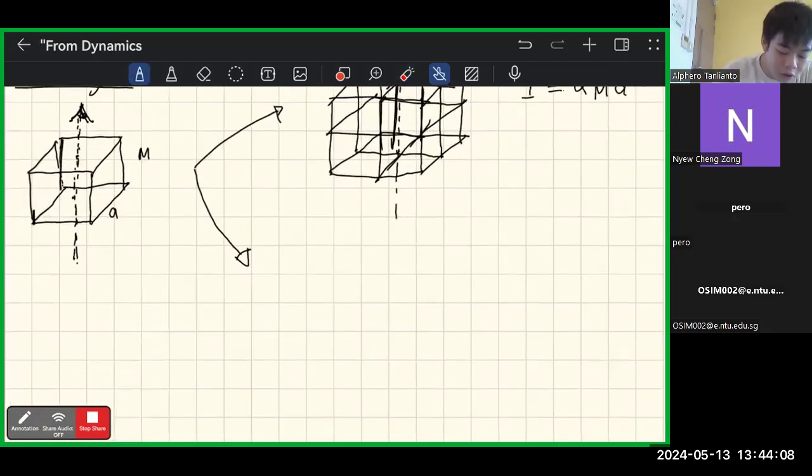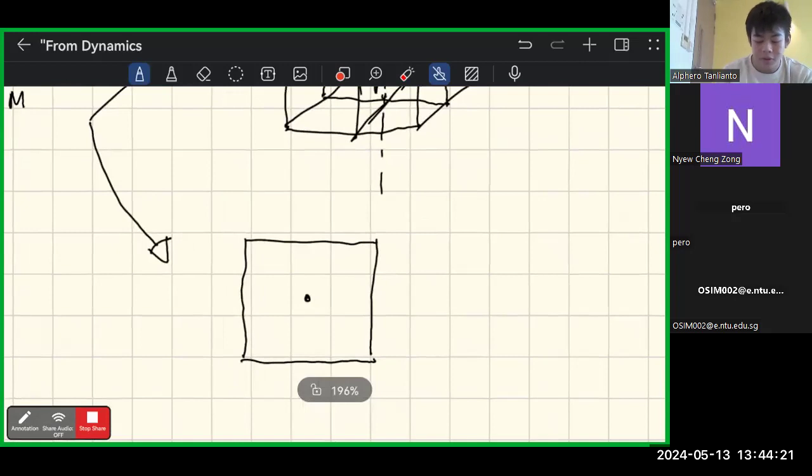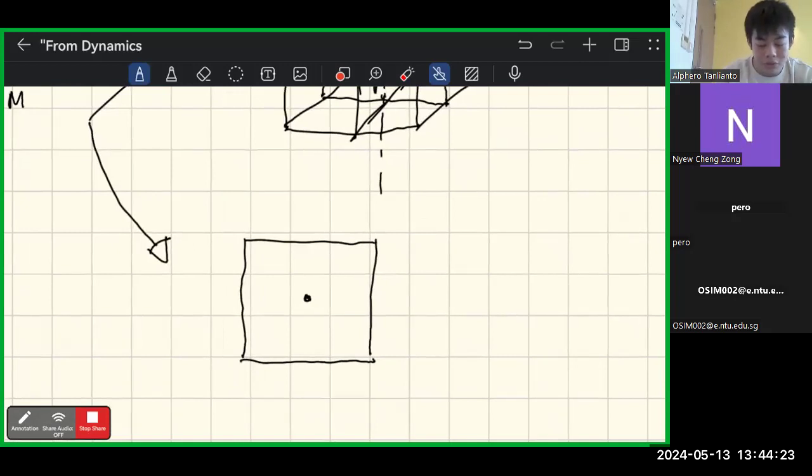Because from the top, we are just seeing a rectangle, with the reference of its center of mass as a point, right? So we just rotate this rectangle with respect to its center of mass.